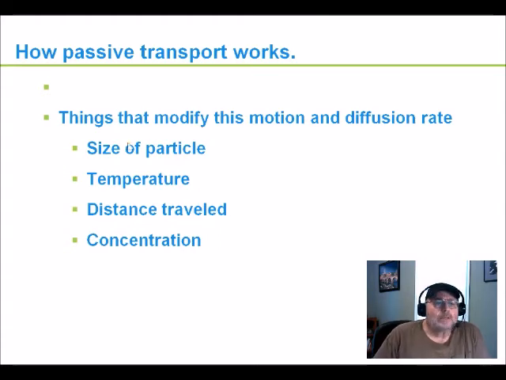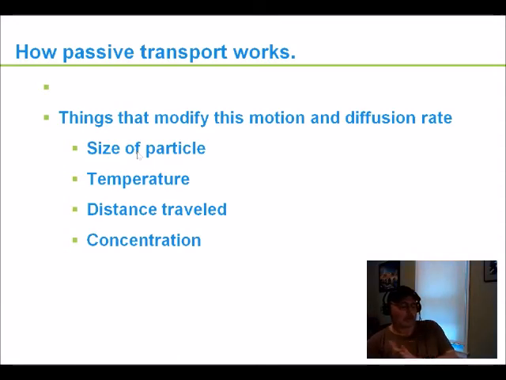Now, size of particle is another factor. Going back to my pool table analogy, if I am imparting energy by queuing off and hitting the rack, I've imparted more or less the same amount of energy to all the balls on that table. And they're all going to move randomly at more or less the same rate.